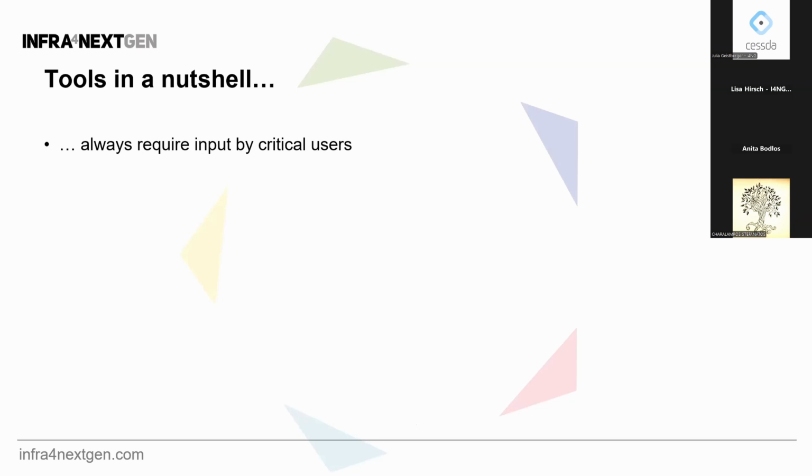Tools in a nutshell, what remains to be said here is that it always requires input by critical users. So in both cases, you have to identify the direct identifiers yourself. You also have to identify the indirect identifiers yourself.